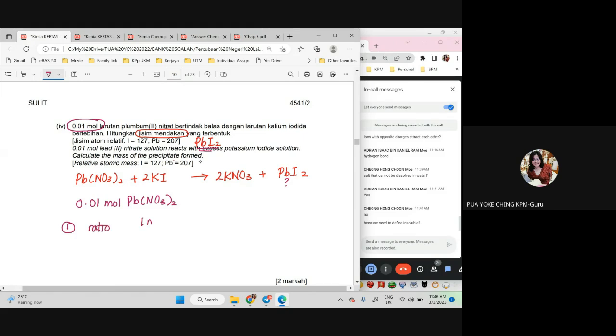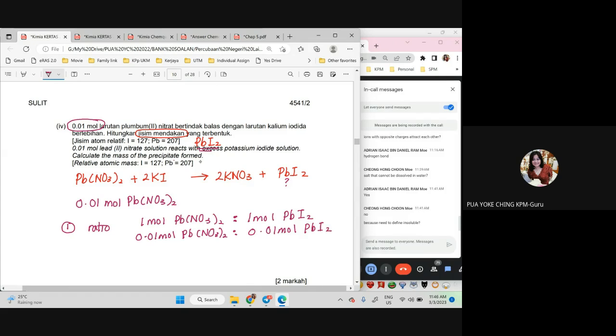So, 1 mole Pb(NO3)2 akan ratio 1 mole PbI2. So 0.01 mole Pb(NO3)2, it will ratio 0.01 mole PbI2.